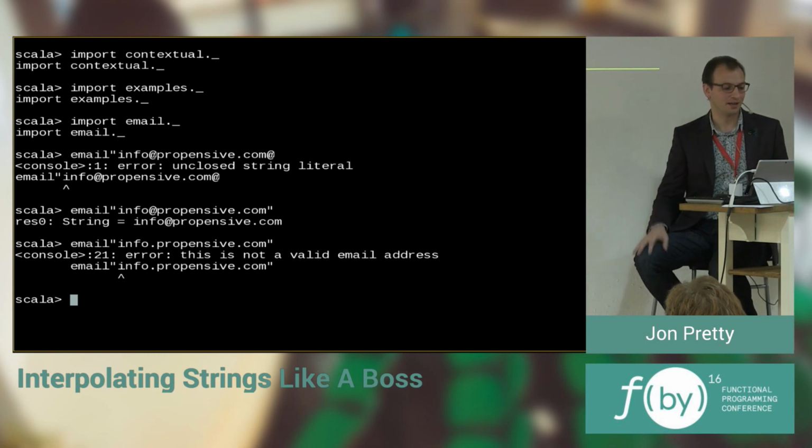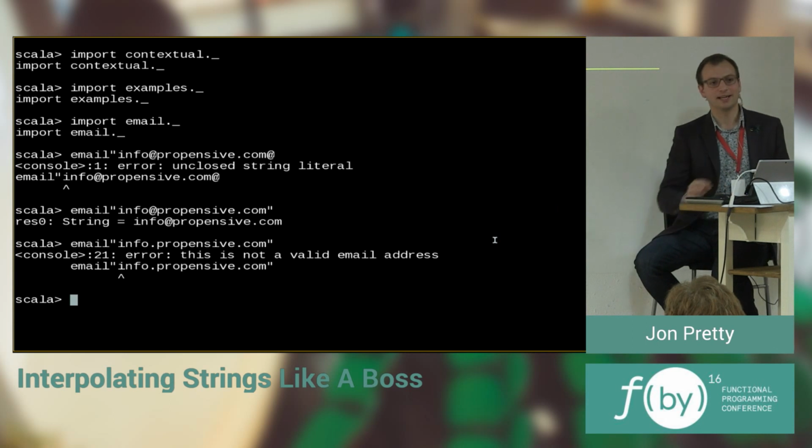Now, the thing I like about this is that it's taking advantage of another orthogonal feature of Scala, the one I mentioned at the beginning, macros. That method that you implement for the interpolator doesn't have to be implemented with an ordinary method. You can implement it with a macro, because the two things just work together without really interacting.